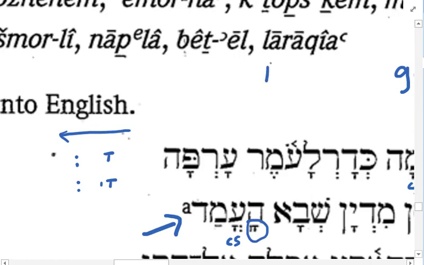This is the metheg number 3 paragraph under the discussion of metheg. Methegs frequently precede a compound shava. What was our example here? He gave us Kohanim, right? And Yaakov was the other one.